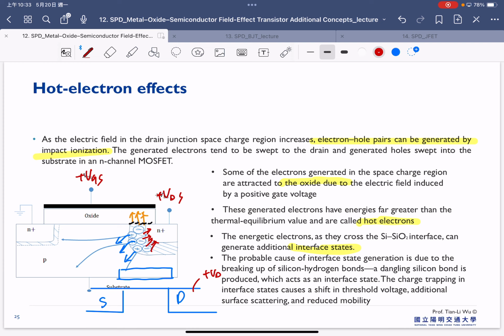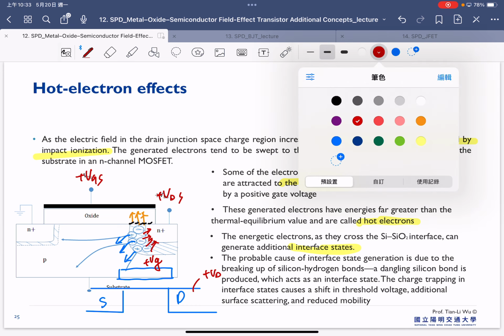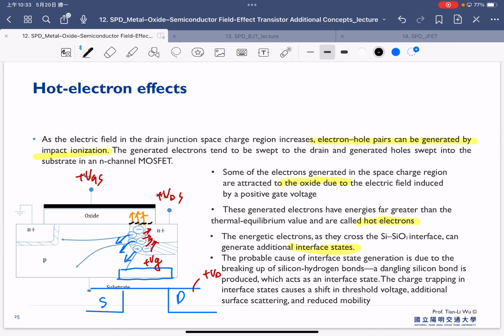We also have the high VG here. And now we can expect a lot of interface states to be generated in the drain side here. And these interface states will cause electron trapping.